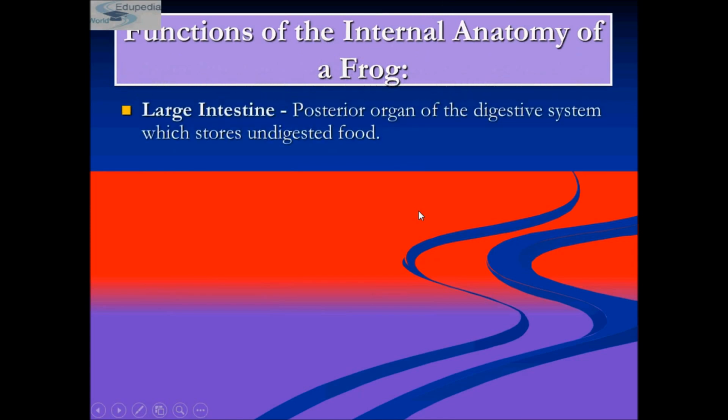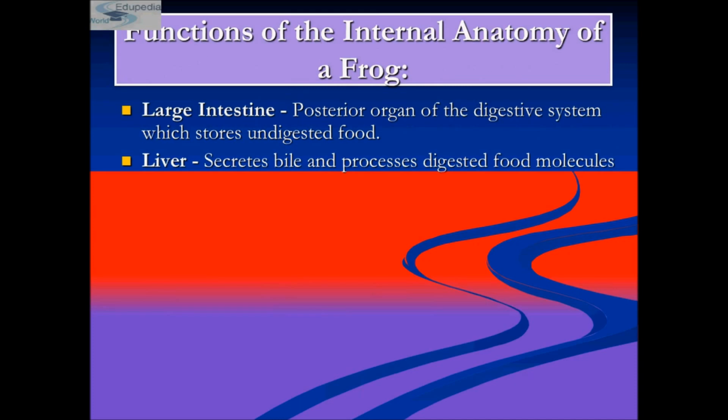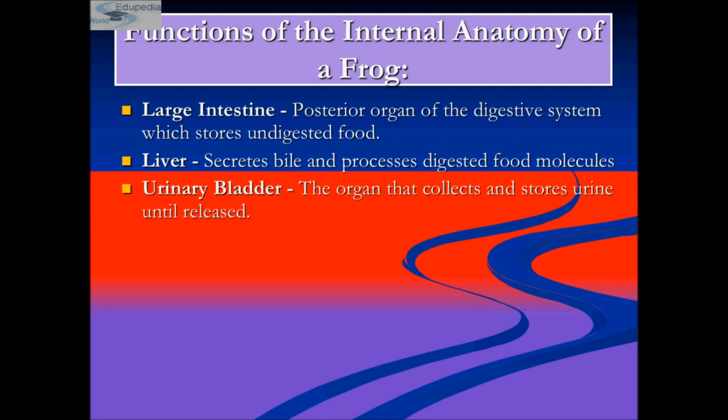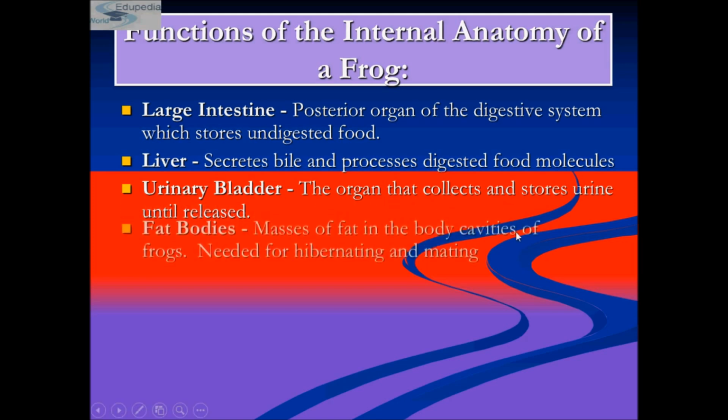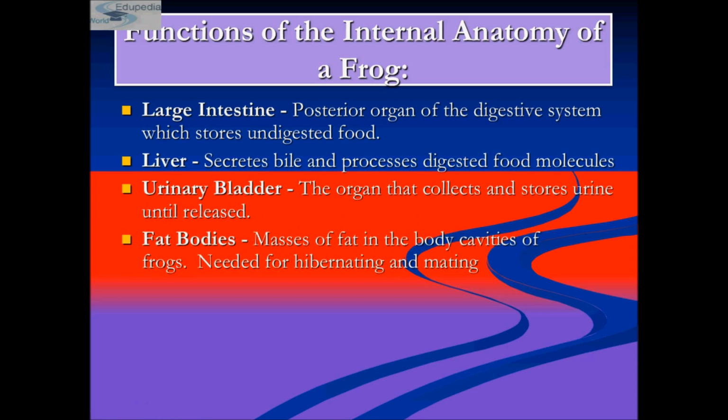Now comes the large intestine. It is a posterior organ of the digestive system that stores undigested food. Liver: it secretes bile and helps in processing digested food molecules. Then comes the urinary bladder, the organ that collects and stores urine until released. Then comes fat bodies.